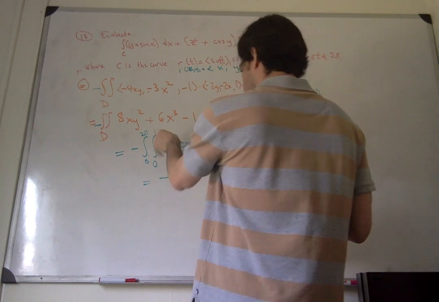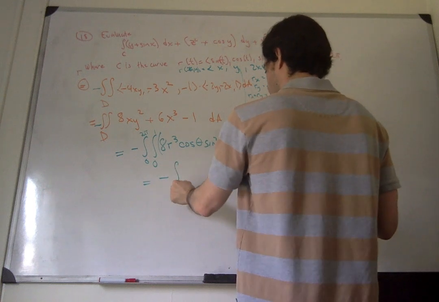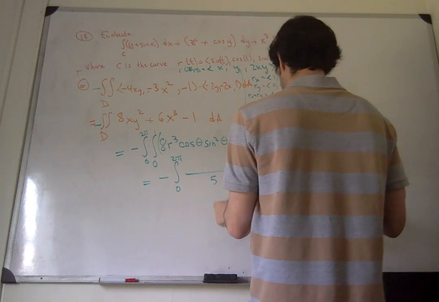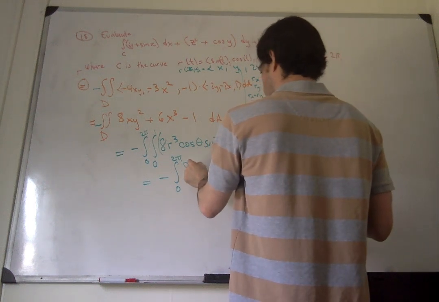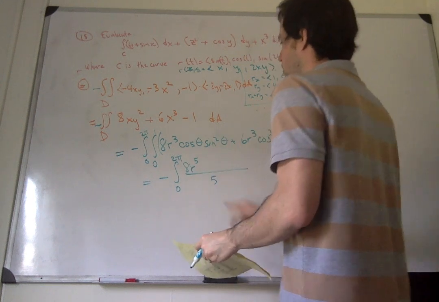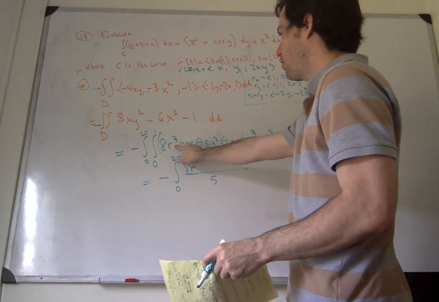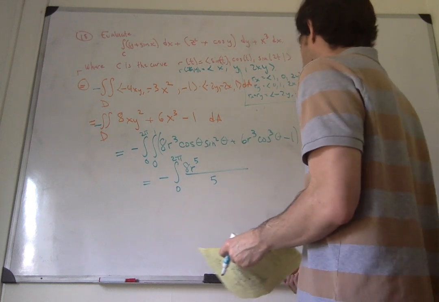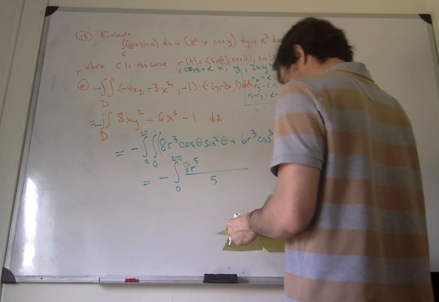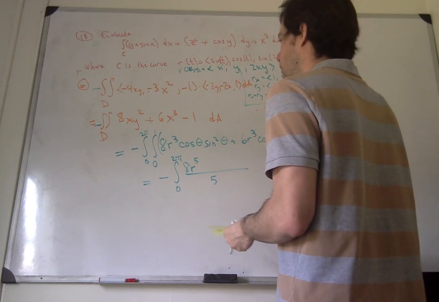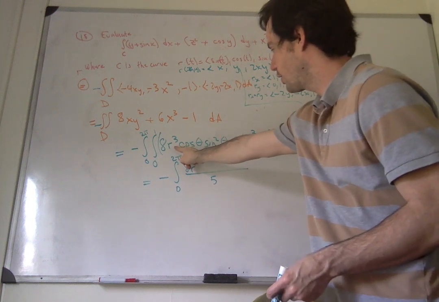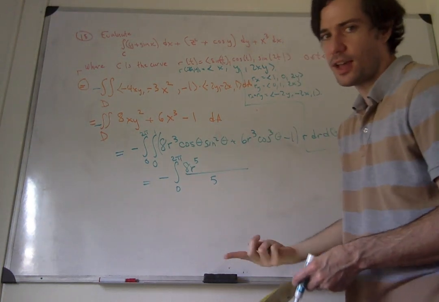Okay, so after you've done some calculations, you should get the integral from 0 to 2 pi and 8 r to the 5th power, right? So when you integrate with respect to r, there's an r and an r cubed, so that's going to be 4th power, and then when you integrate that, you get a 5th power.